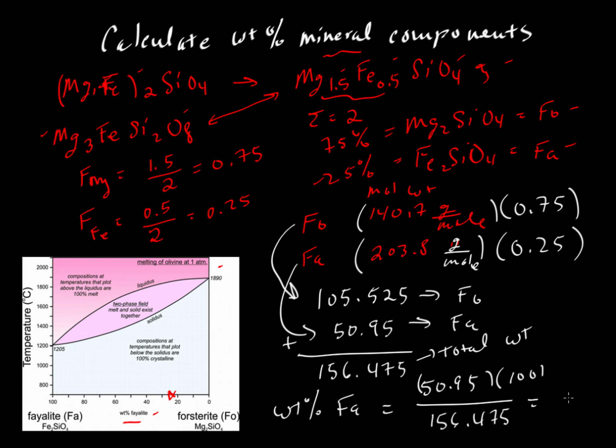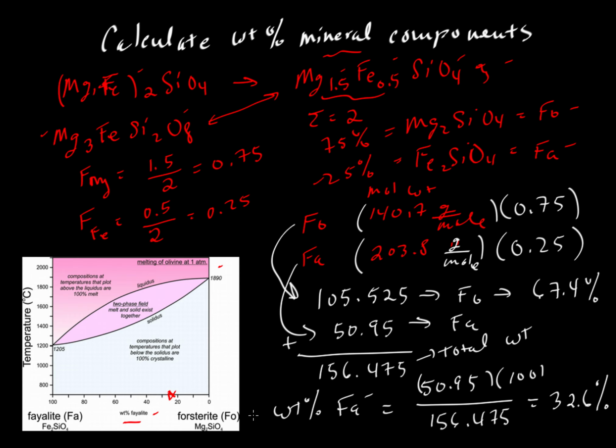And this comes out to about 32.6 weight percent for fayalite. And if we've done this calculation correctly, there are only two components, so the amount of forsterite by weight percent should be 100 minus this. I'll leave that calculation for you. It should come out close to 67.4 weight percent.